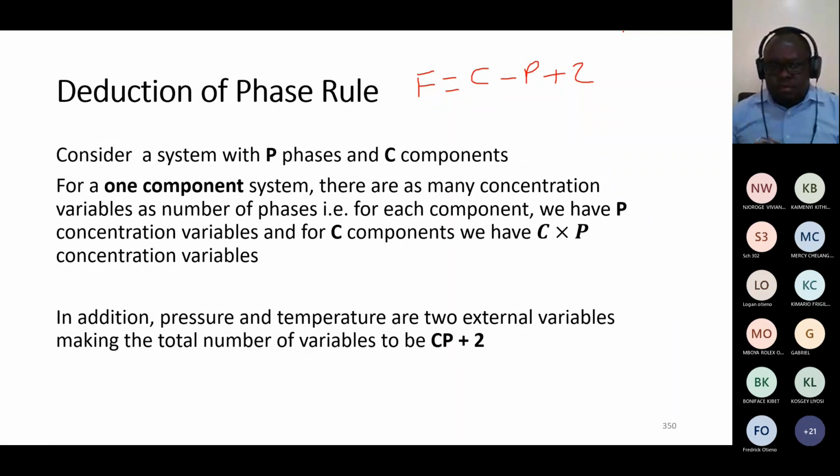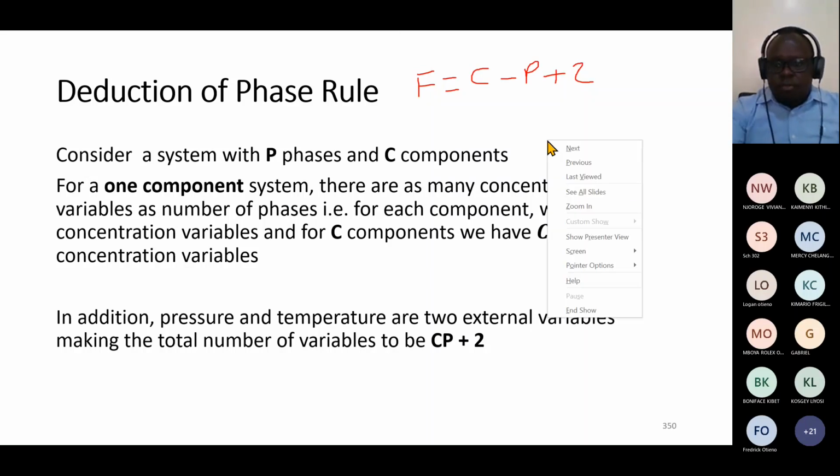But how do you end up with this expression? Let's see how we arrive at this, how you can deduce this phase rule. So consider a system that has P phases and C components.